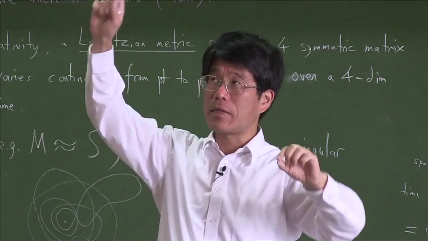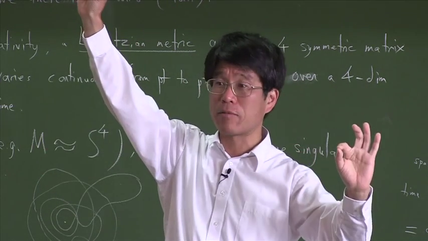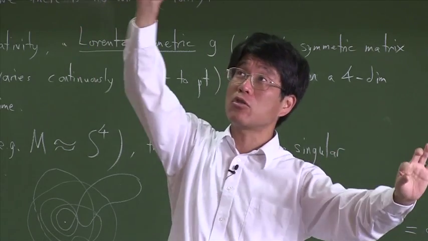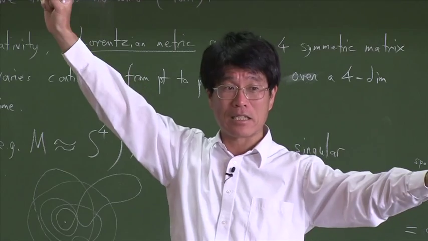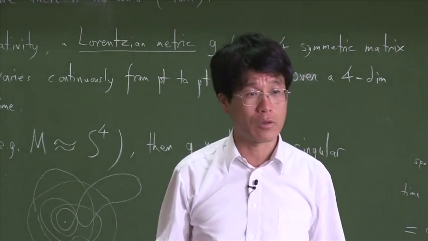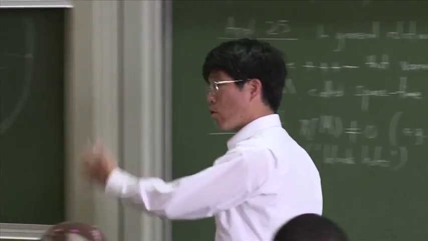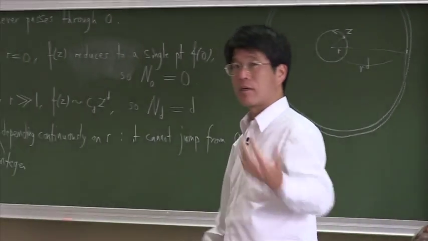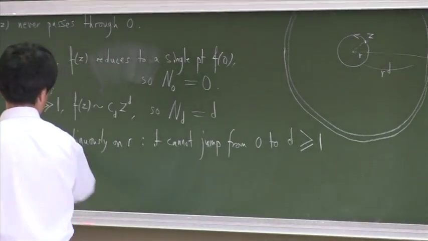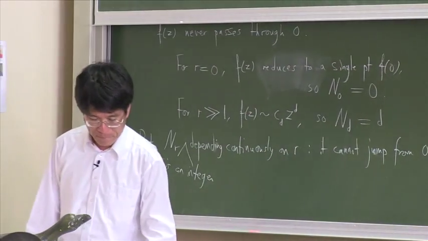Because if it's not constant, that means that here it takes some value, here it takes some value, but this value is an integer, this value is an integer, and it has to take integer values everywhere, so the only option is for it to jump from here to here, which is not continuous. So integer valued functions that are continuous must be constant. And so it cannot jump from 0 to d.